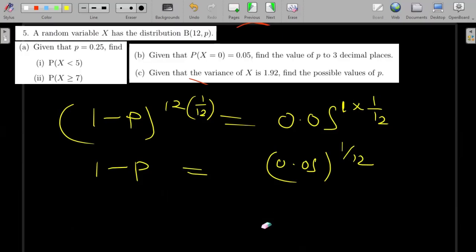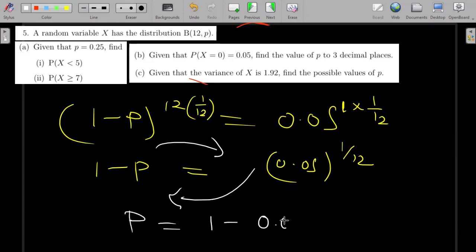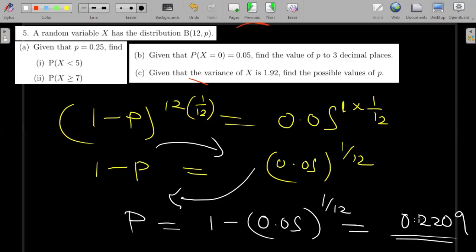There are a lot of ways that you can use to solve this. Let's take the P this side, and that side we take it this side. So we're going to end up with P equals 1 minus 0.05 to the power 1 over 12. From there you can apply ln to both sides, and then the power will drop. But the final answer there, you're just going to get 0.2209. So that would be the value of P there.